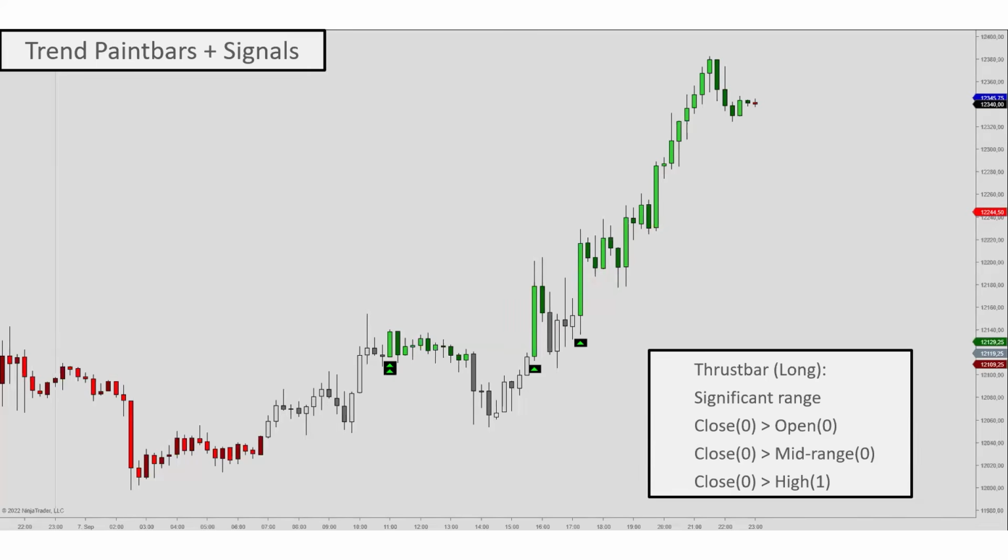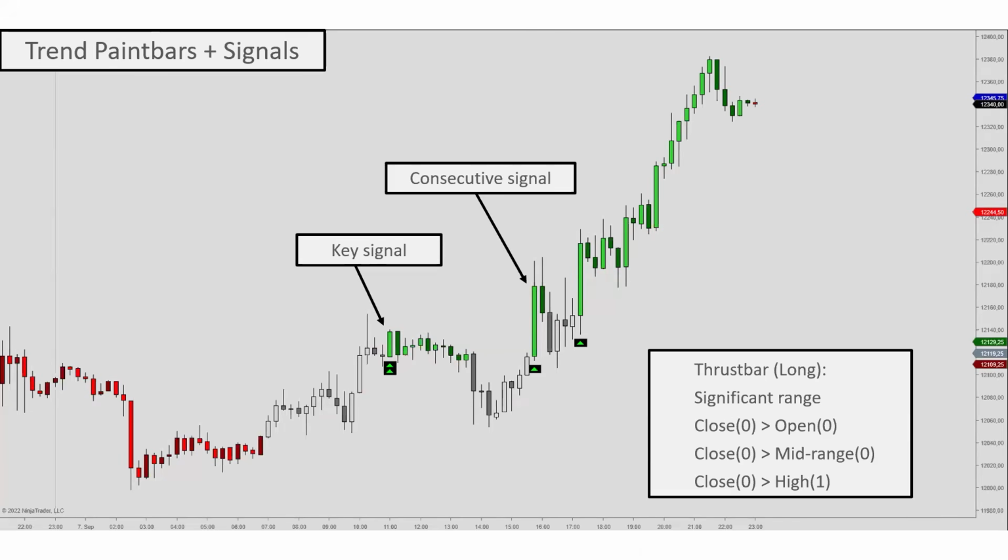Now, we also make a distinction between key and secondary signals. So a key signal follows a trend reversal, so going from bearish here to neutral and then into bullish. So this is the start of a new trend. And then you have the secondary signals. That is more of a trend continuation opportunity.